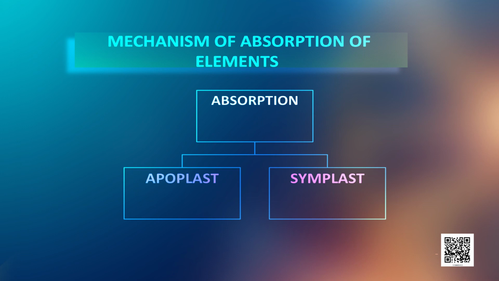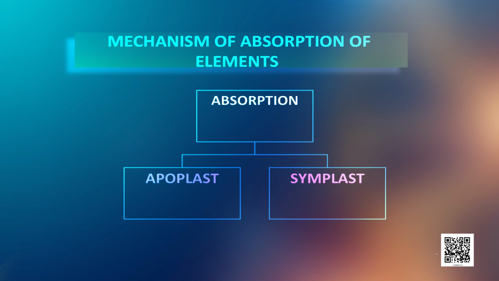The first method is called apoplast pathway, in which there is a rapid uptake of ions into the outer free space of cells. In this pathway, water and ion molecules move from root hair to xylem through cell wall region of intervening cells. You have studied about plasmodesmata, which are microscopic channels that join the cytoplasm of two adjacent plant cells.